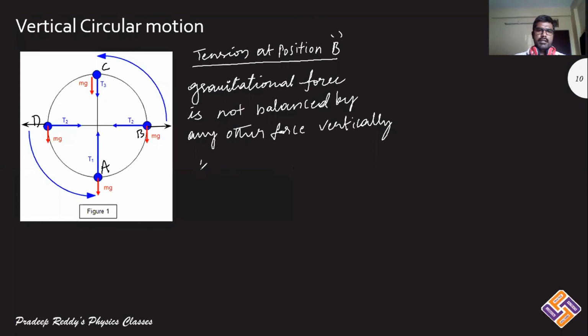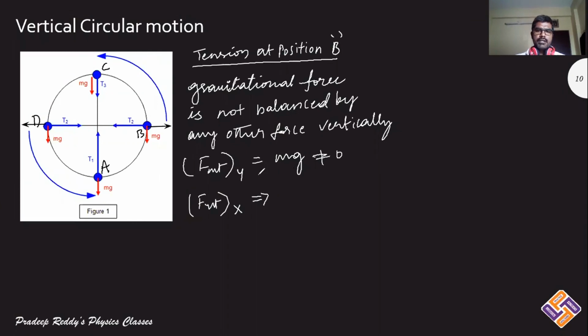Therefore F net along the y direction will be equal to mg, which is not equal to 0, and F net along the x-axis will be the sum of all the forces acting there.